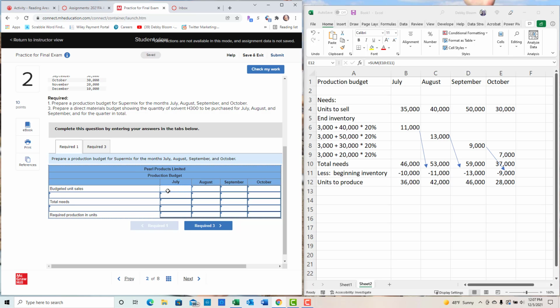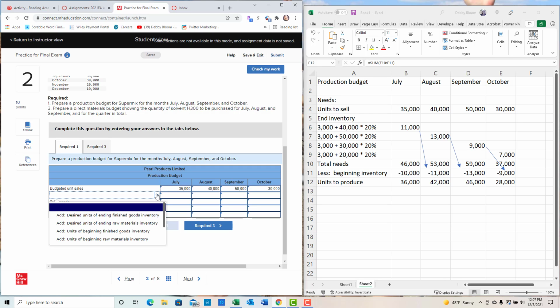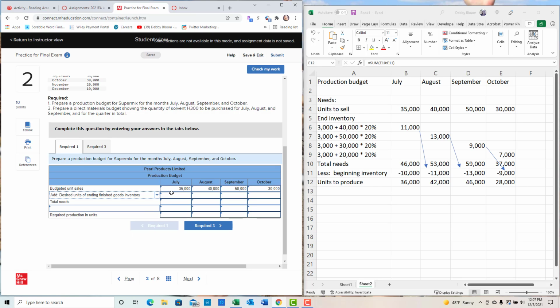Budgeted unit sales are 35,000, 40,000, 50,000, and 30,000. Then to that we add our budgeted ending inventory, ending finished goods inventory, because we're doing a production budget. So that's the 11,000, 13,000, 9,000, and 7,000. So we add those two numbers to come up to the total needs: 46,000, 53,000, 59,000, and 37,000.